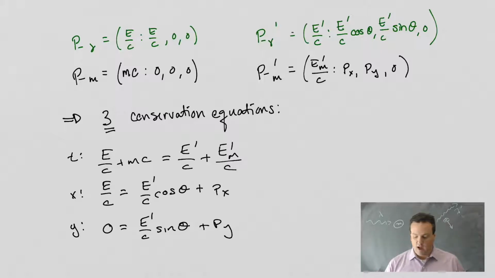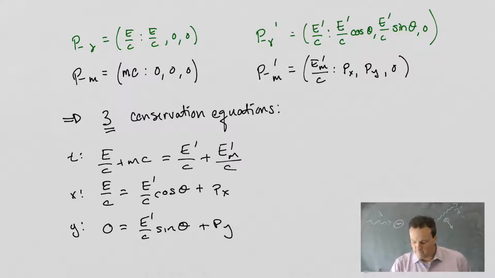I can solve the top equation for something, or I could solve the x and y equations for something else. We'll do that a little bit later. But basically, I want us to know that we have three equations that come just from conserving four momentum in this system, right? It's conserving time momentum, x momentum, and y momentum.